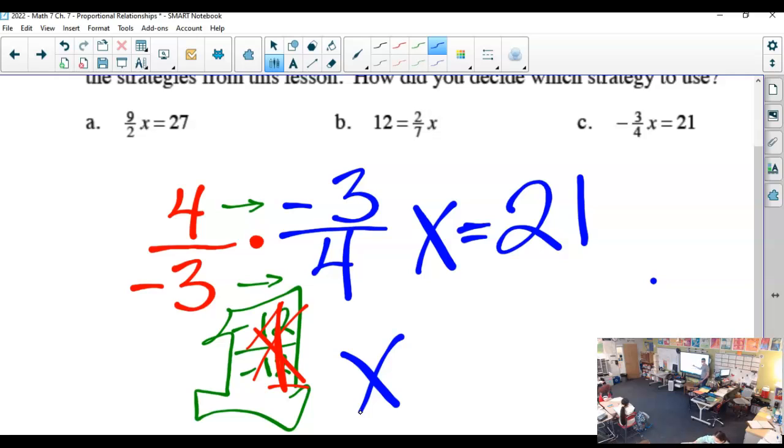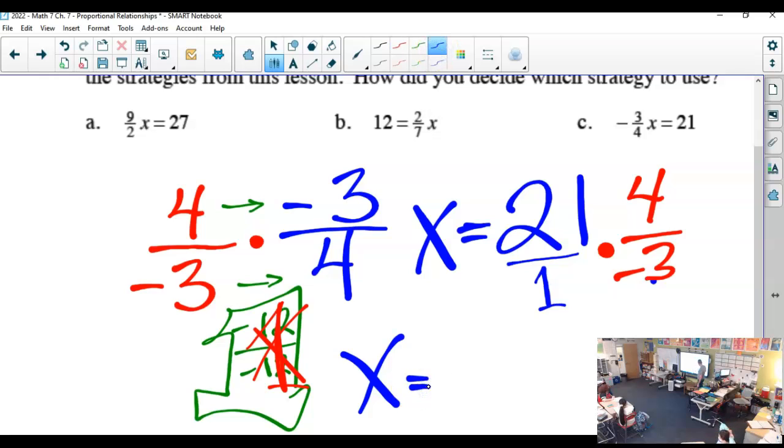But wait, what do I still need to do? Do it on this side. What do I do to 21 to make it easier? Put it over 1. Then times 4 over negative 3. What's 21 times 4? 84.